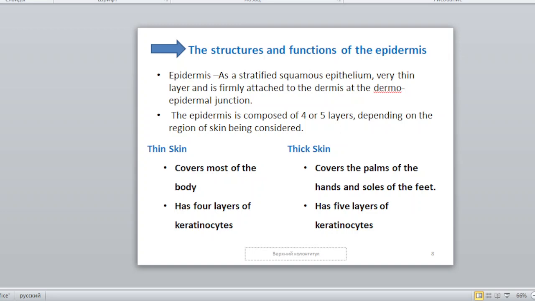Next slide. The epidermis is the most superficial layer of the skin. It is very important from a cosmetic standpoint. This layer gives the skin its texture and moisture, and contributes to skin color.